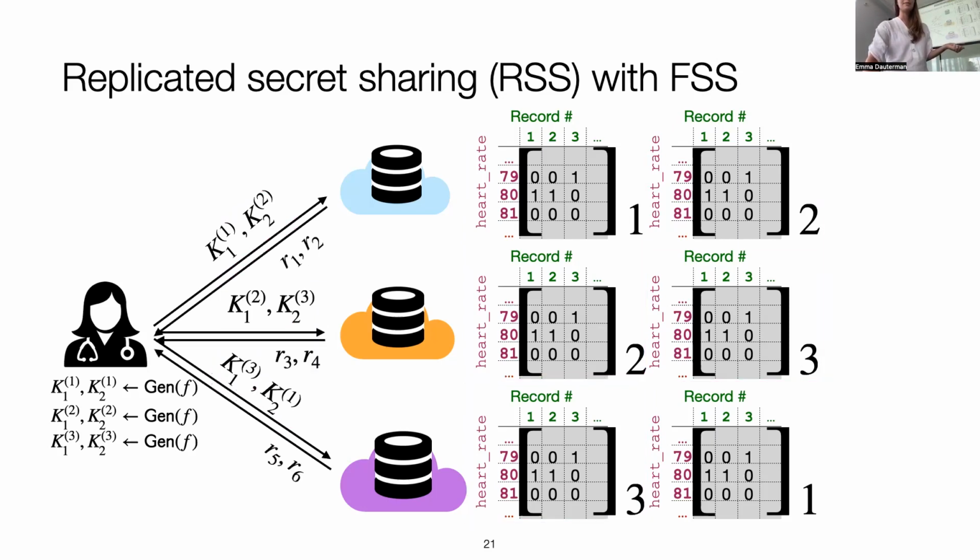They send the results back. And now the servers just need to add together all these results computed on the different shares of the table to get back the same thing they would get if they executed this query on just the plain text copy of this table. So the share of the table is like 3 out of 3, and the share of the function key is 2 out of 3.